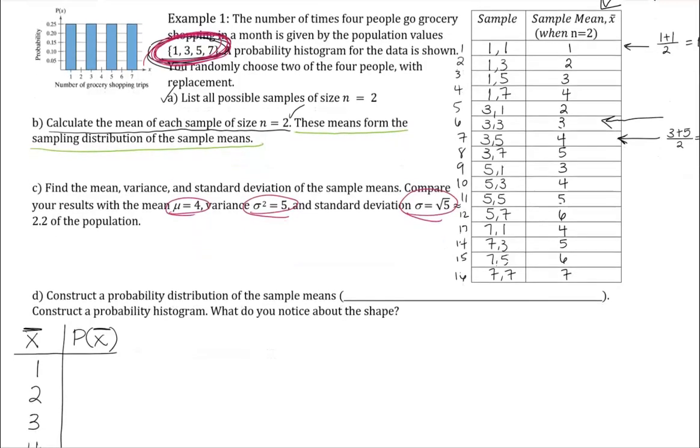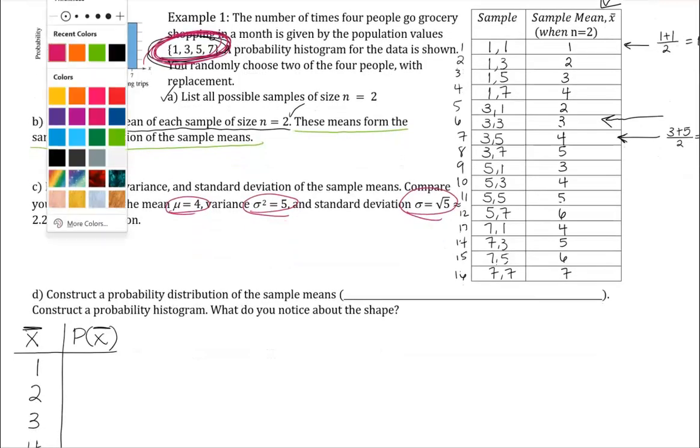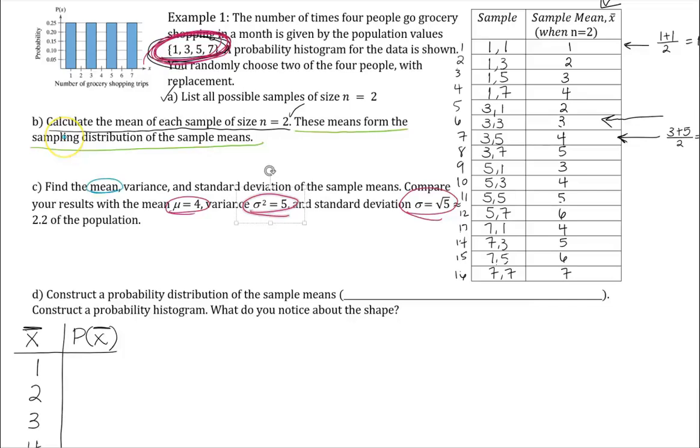So for part C, to find the mean, I need to add up all of these numbers and then divide by 16. You don't necessarily have to write this because I know we know how to average numbers, but I'm adding 1, 2, 3, 4, 2, 3, 4, 5, 3, 4, 5, 3, 4, 5, 6.